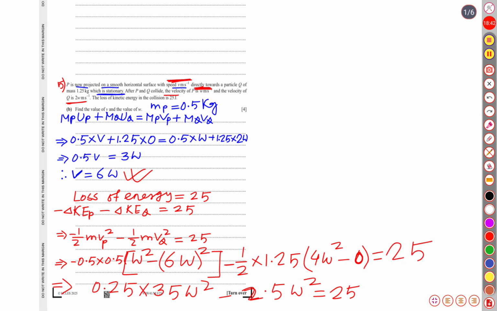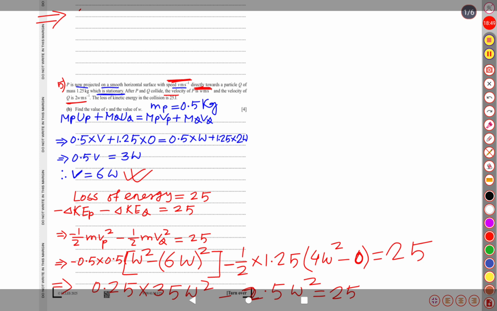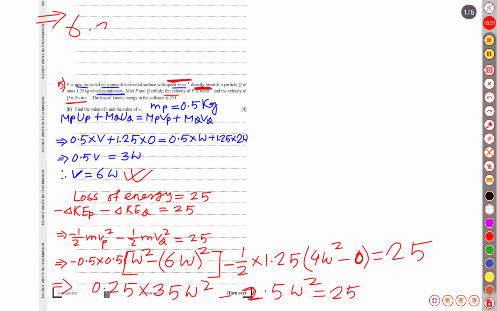If we simplify the left side, it is going to be 6.25 w square, and the right side is going to be 25 as it is. Hence our w is going to be, if we divide 25 by 6.25, it is 4. The square root of 4 is 2, and it must be positive because w was speed.